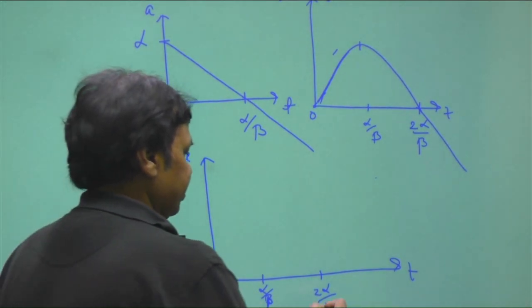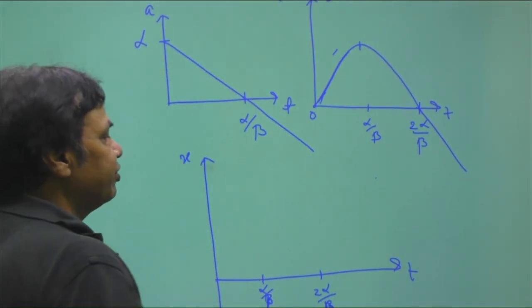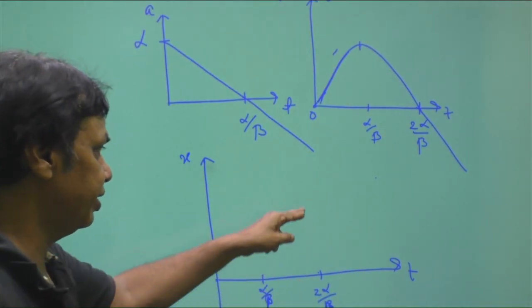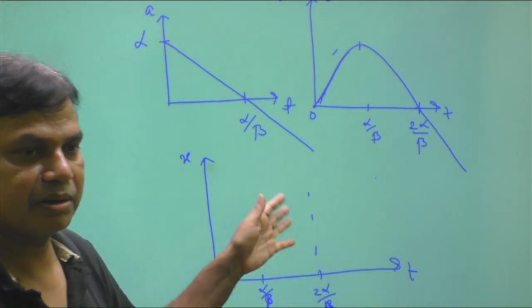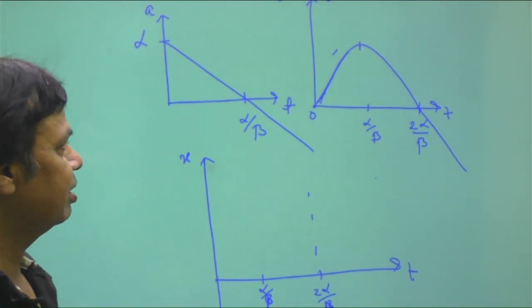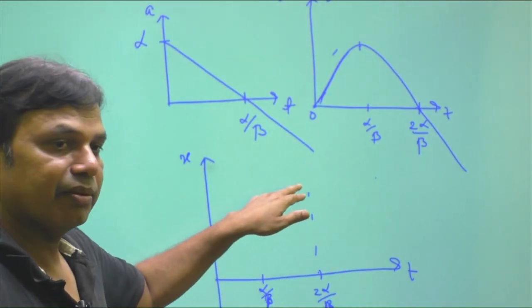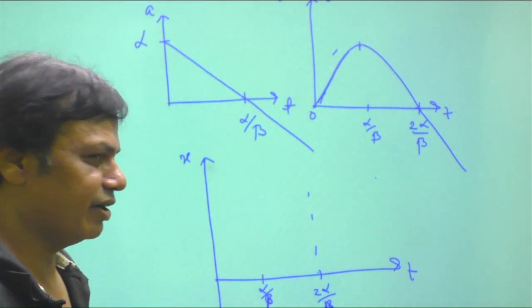And velocity, that means dx by dt, is 0 here. That means at this point somewhere the graph will have a horizontal tangent. I don't know where, but I can still guess.